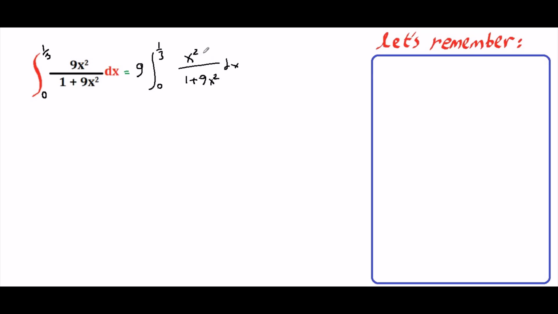So what we're going to do here is make the numerator look like the denominator using algebraic manipulation. In our integral from 0 to 1/3, our denominator is 1 plus 9x squared.